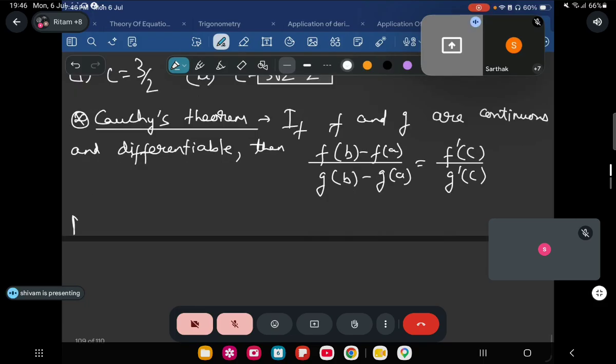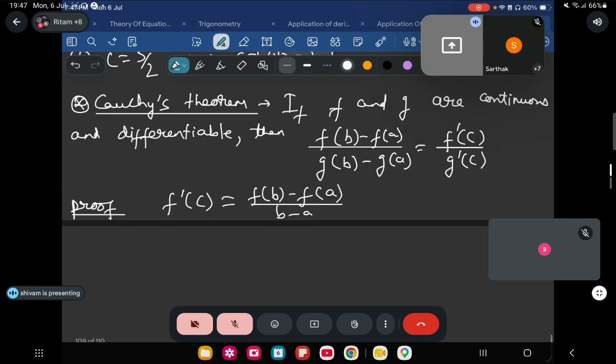Let us see the proof of Cauchy's theorem. Everyone, we know, right? We can use LMVT on f of x. f dash c is equal to f of b minus f of a upon b minus a, and g dash c is equal to g of b minus g of a upon b minus a.